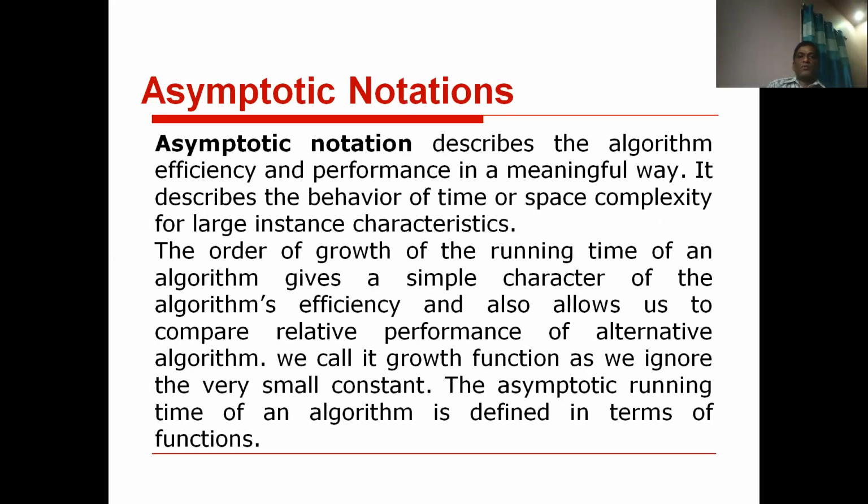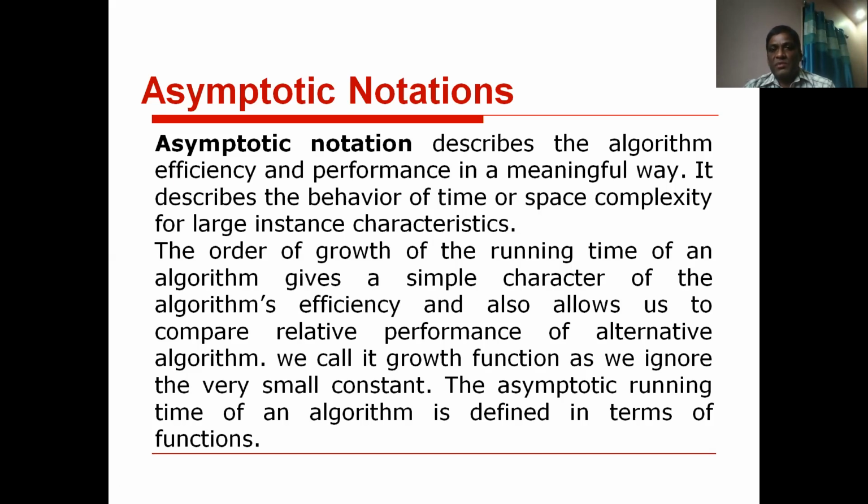And now, how do you specify these time complexities? What is the unit of measure for specifying the time and space complexities? There is a special category of notations available for specifying the time complexity and space complexity, which are called asymptotic notations. Asymptotic notations are basically used for representing the time complexity and space complexity.